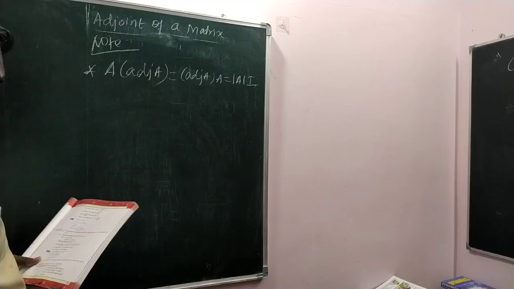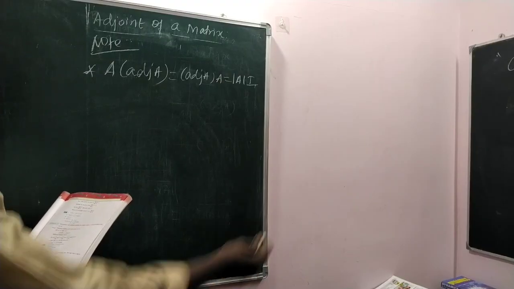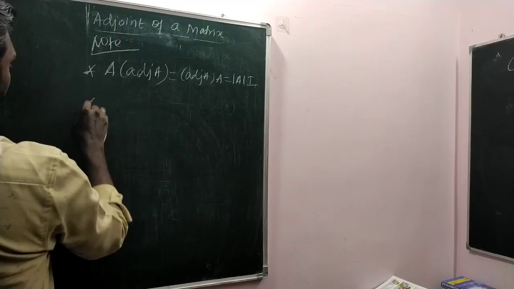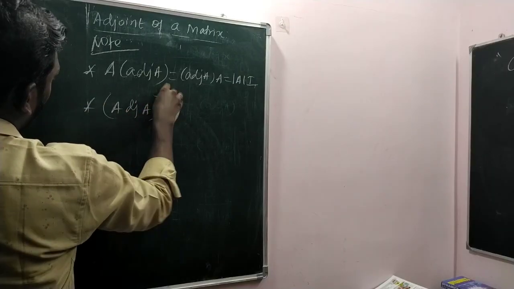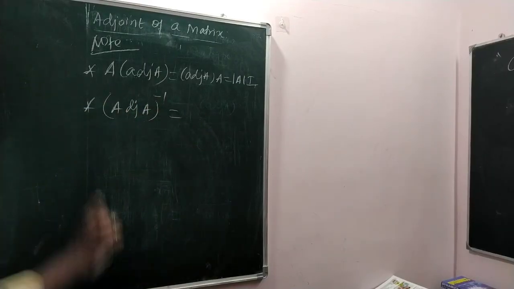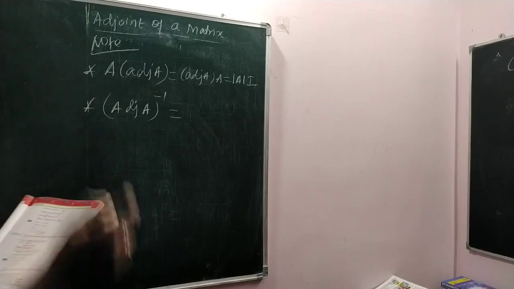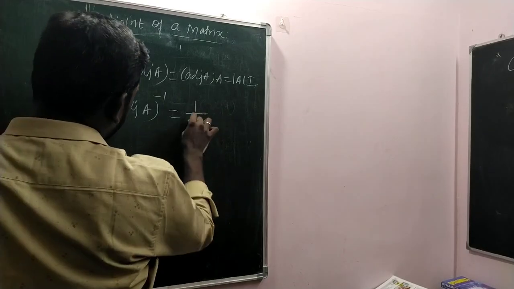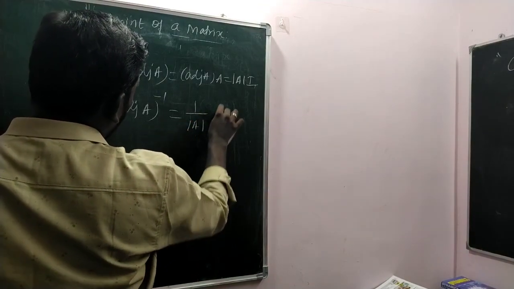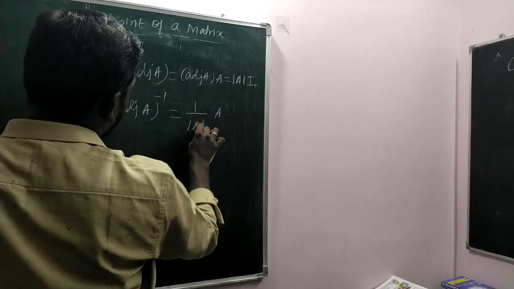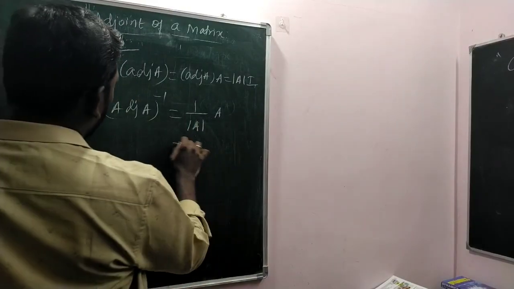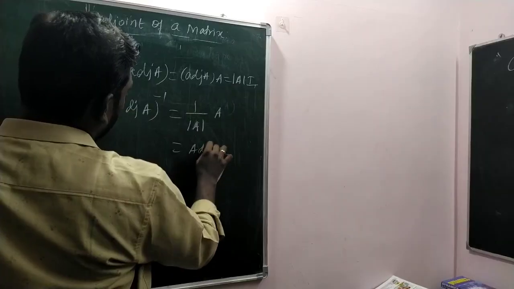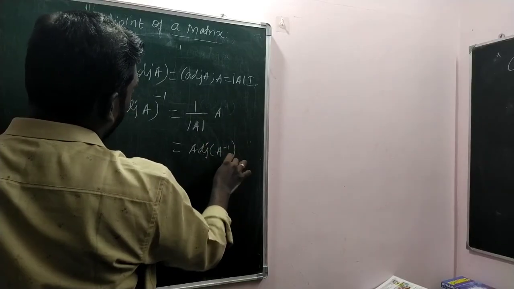And the adjoint of A whole inverse is nothing but 1 by determinant of A into A, and that is equal to adjoint of A inverse.